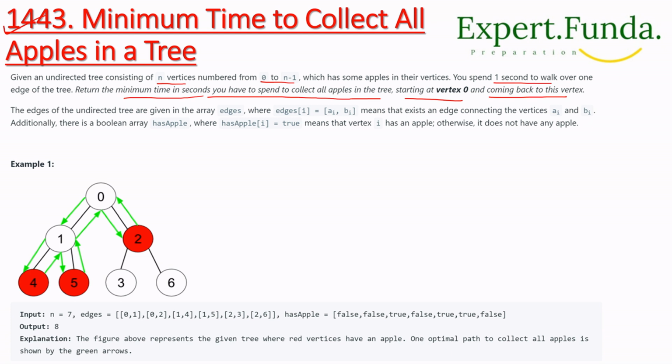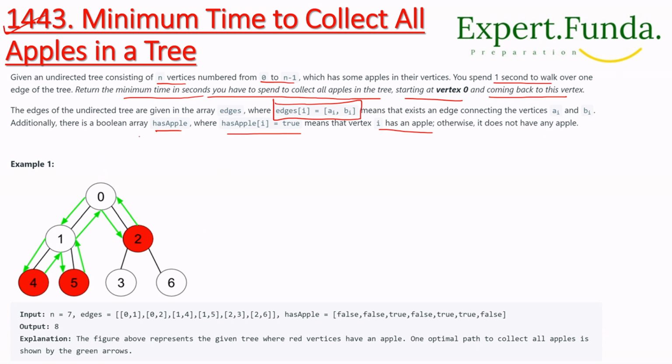The edges of the undirected tree are given in an array, where edges[i] is a[i], b[i]. That means there exists an edge connecting the vertices a[i] and b[i], and there is a boolean array hasApple. If hasApple[i] is true, it means i has an apple, otherwise it doesn't have an apple.